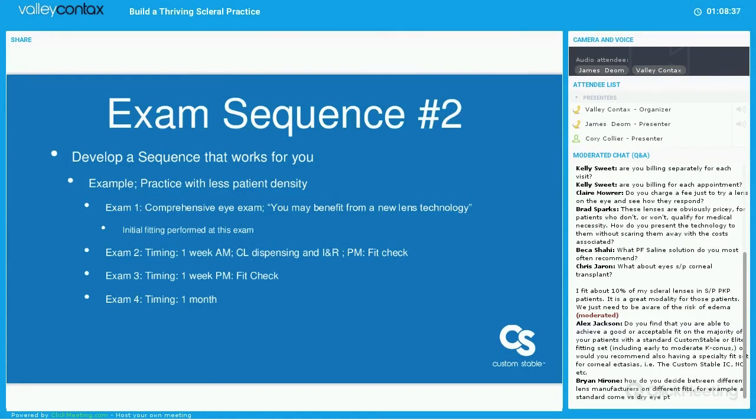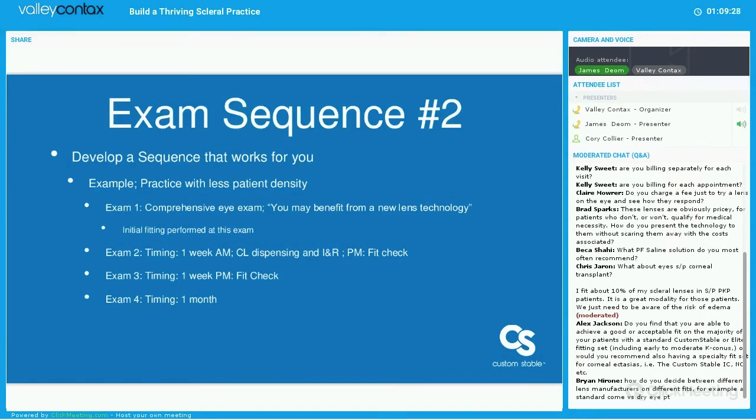And I think that generally speaking, when you fit a couple of these lenses and you get the basic premise of the Custom Stable design, and I think that we will, in future webinars, go into a little bit more detail about the Custom Stable lens and the design and the curves and everything else, you'll understand that despite there being lots of different fit sets from varying manufacturers that are aimed at certain pathologies, you can make changes to Custom Stable or Custom Stable Elite very easily, and that you can fit pretty much all of your patients in this one modality.